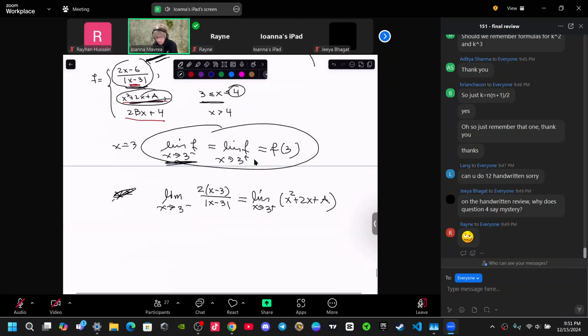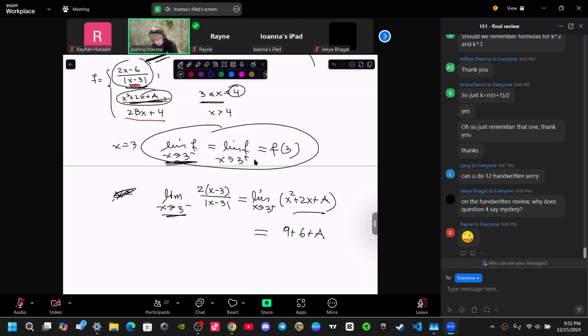Okay, so I'm going to do the easy limit first, this one, just plug in. So I have 9 plus 6 plus a must be equal to the other limit. If you find the limit on the other side, then you can find a, right? So if x goes to 3 from the left, that means x is not 3, it's going to 3, and it's also less than 3.